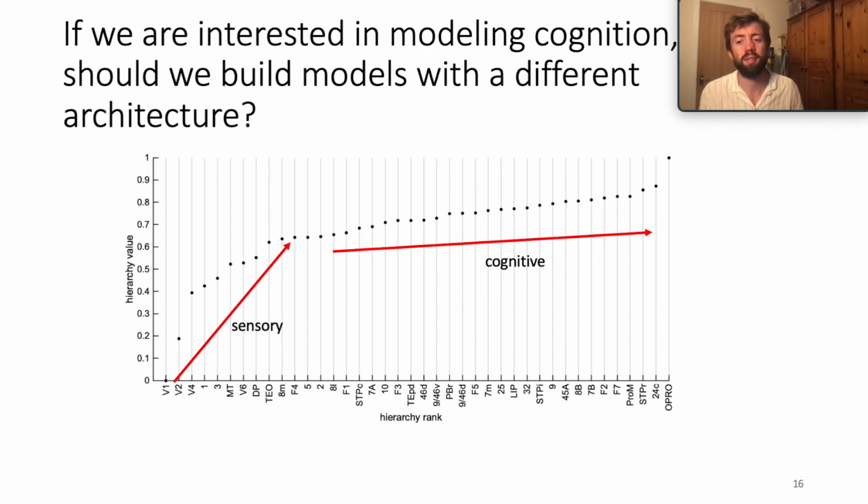However, once you get from these sensory areas into areas that are more strongly involved in cognition, it becomes much more difficult to separate these areas in terms of their hierarchical value. And in fact, there's an ongoing debate about whether there is actually a hierarchy at all amongst these different cognitive areas.